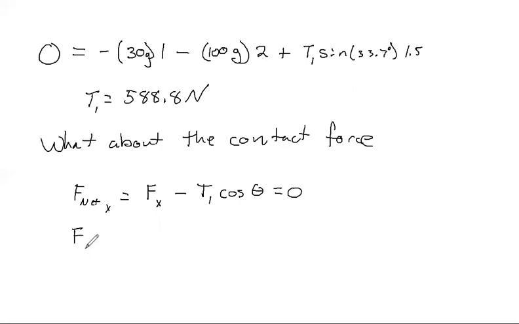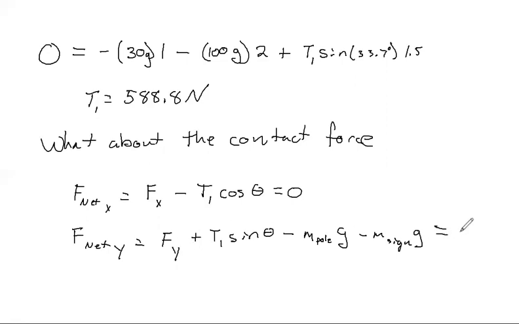Similarly, the net force in the y direction, well, I don't know whether it's positive or negative, so I'll just write Fy and let math tell me whether it's positive or negative. And then I get a positive contribution from the upward pulling cable. And then I get downward contributions from the weight of the pole and the weight of the sign. And again, this must equal 0.